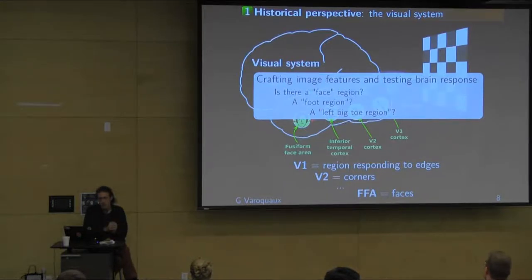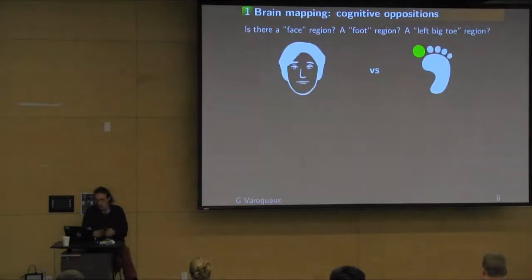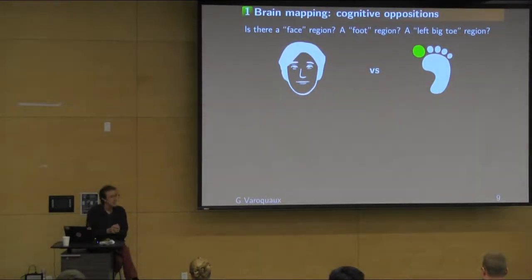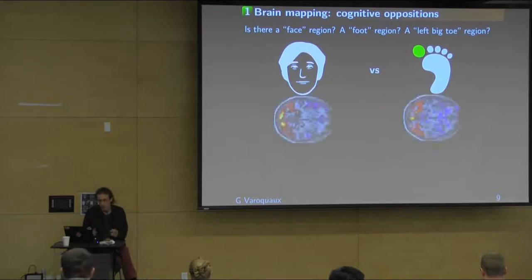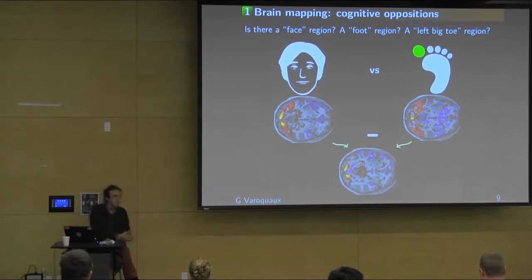So based on this, we can formulate hypotheses. Is there a face region? Is there a foot region? Is there a left big toe region? So that's good. We have hypotheses, we can test them. So we can acquire data with an opposition from face to left big toe, and we're going to acquire lots of data, and we're going to do a standard analysis and a contrast.